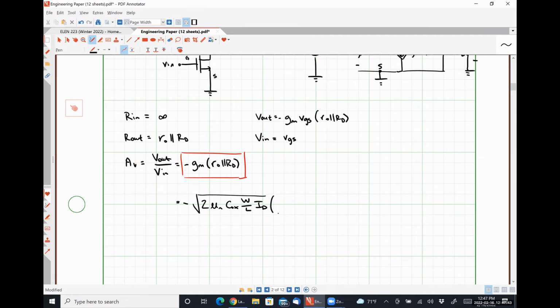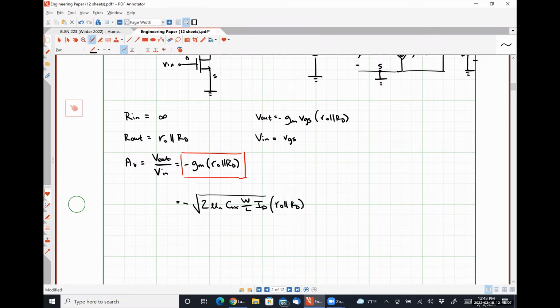All of this multiplied by R naught in parallel with RD, which tells us that our voltage gain is dependent both on our drain current and the size of our resistor RD.